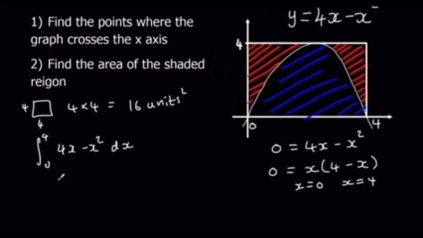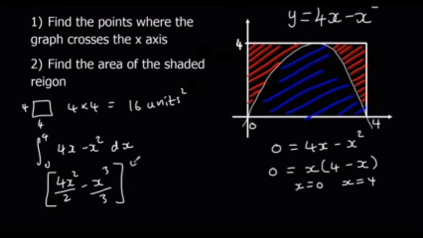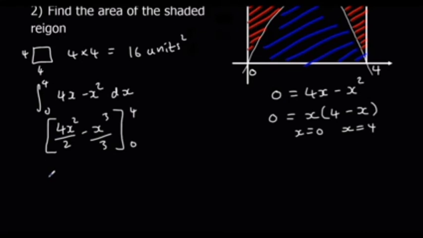So first step, we're going to integrate. So add 1 to the power, divide by the new power, and add 1 to the power, divide by the new power. Between 4 and 0 this time. So we're going to substitute in 4, substitute in the 0, and we're going to take them away.